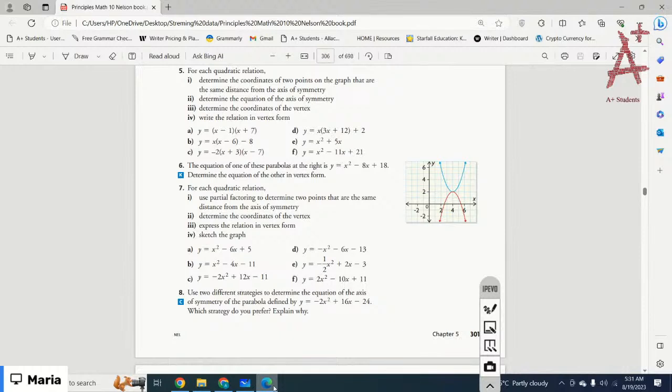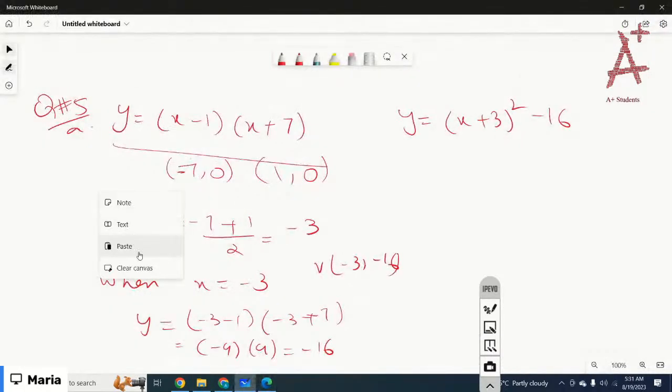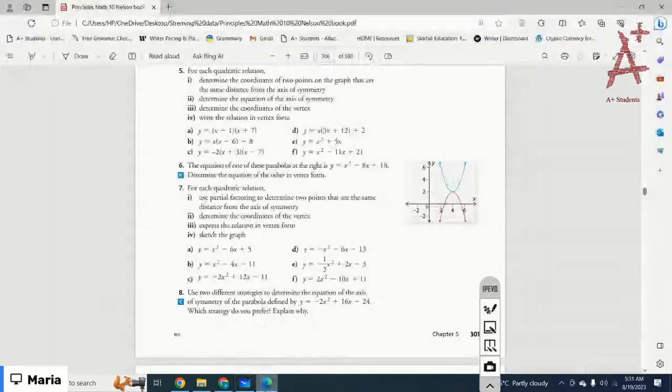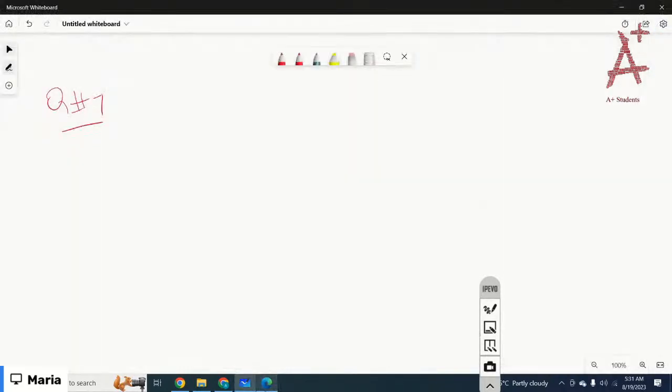Express the relation in vertex form and sketch the graph. Question number 7: y equals x square minus 6x plus 5.